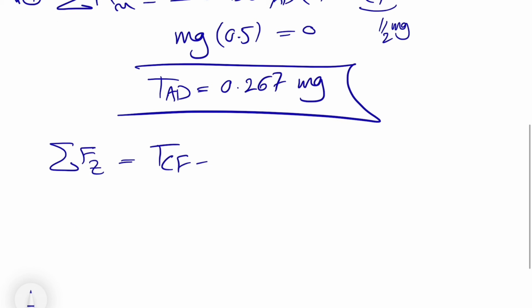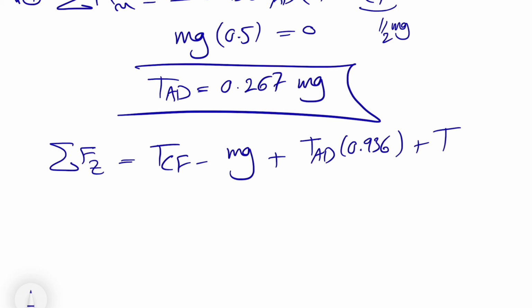So we have TCF minus mg plus the z component for TAD. So we have TAD 0.936, and we also have TBE, which is what we are looking for, again 0.936, equals 0.